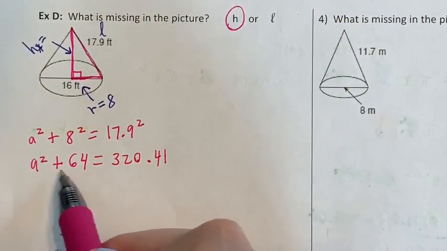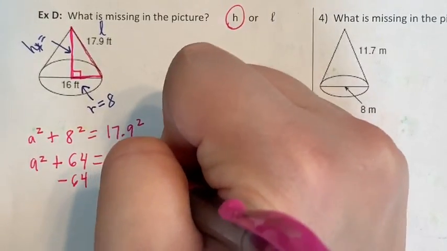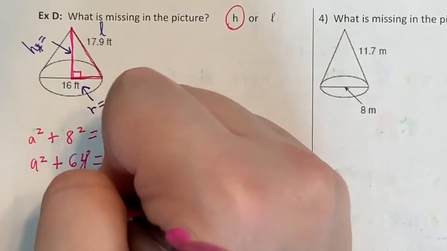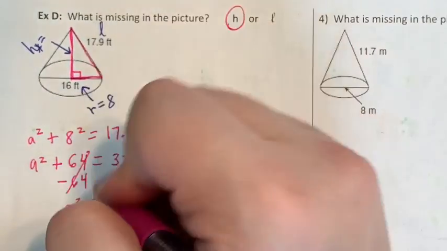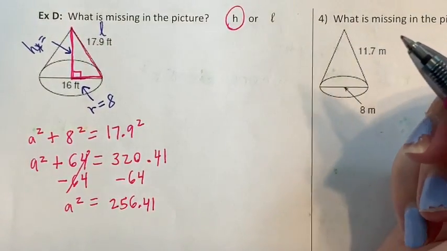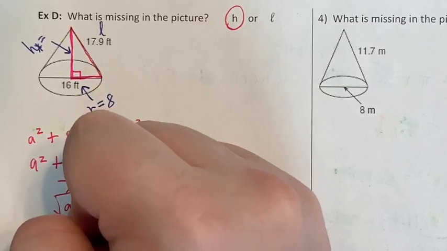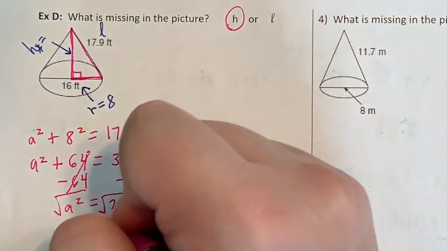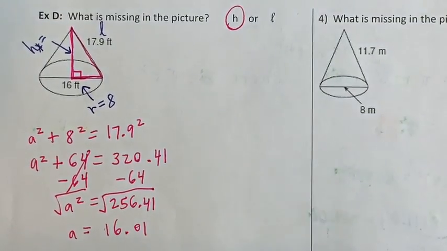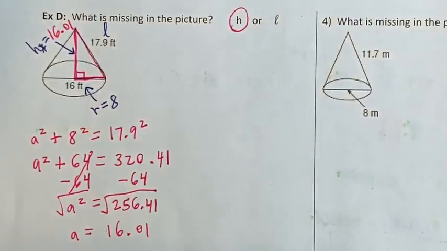Trying to get A by itself, so I need to move this positive 64 to the other side. So I do that by subtracting 64. And then I'm left with A squared on the left. And on the right, I'm left with 256.41. Last step, take the square root of both sides. And I get A equals, let's say 16.01.